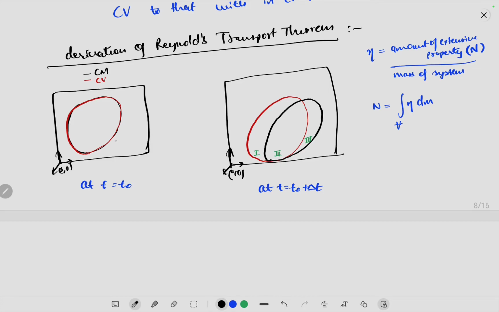So don't get confused: at t equal to t naught this looks like that, at t equal to t naught plus delta t this looks like that. It might seem that this control volume has gone from here to here, and similarly the control mass has gone from here to here. Don't get confused with that. It has actually not moved. These are two different photographs with the same origin. Let's just remove this, it is not required.